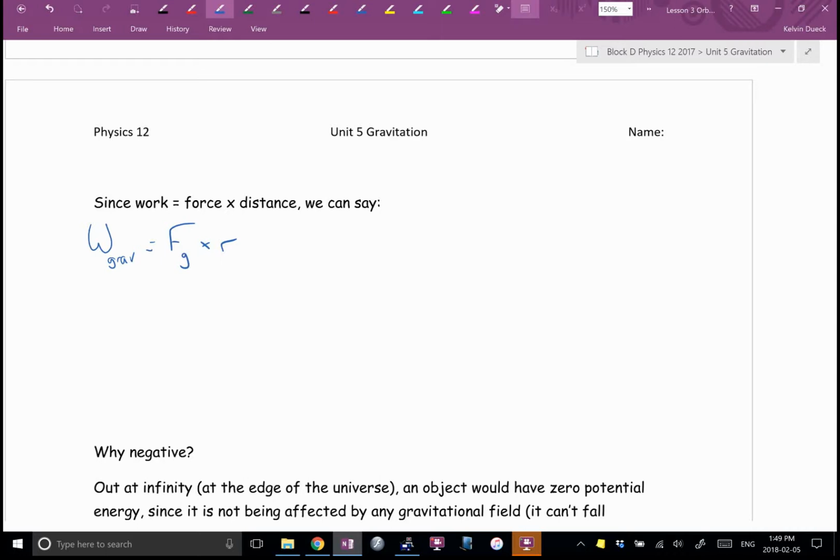But we're going cosmic, so for gravity, I'm not using little m, little g, like physics 11. We're using the cosmic gravity. We get this: big G, big M, little m, over r squared times r.